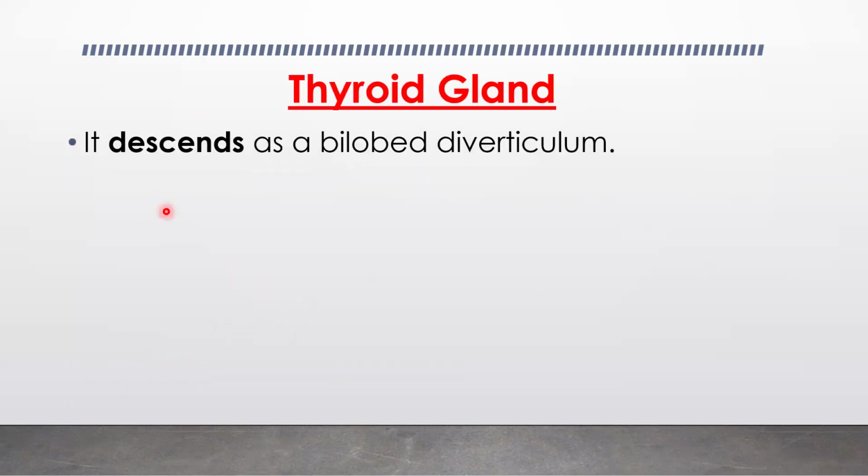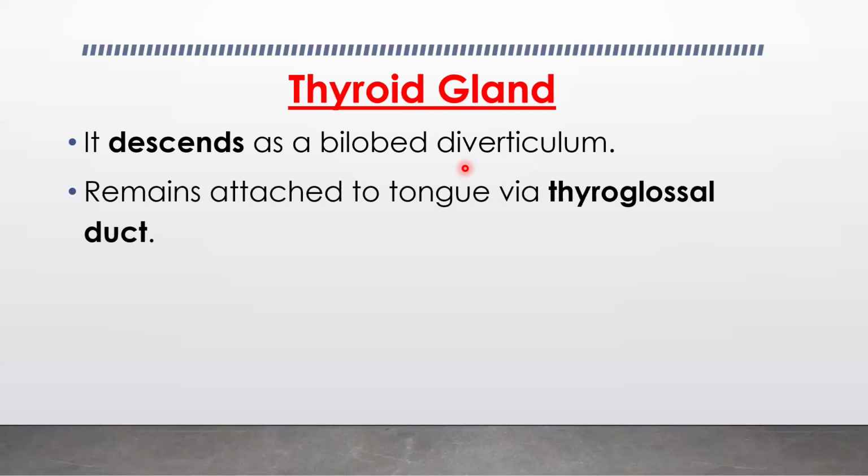Then this diverticulum continues to descend downwards as a bilobed diverticulum. It was just a single diverticulum, then it descends downwards. But it remains attached to the tongue. Remember, the foramen cecum is formed on the future mouth, at the level of the tongue.